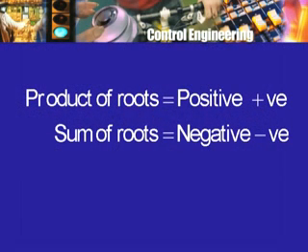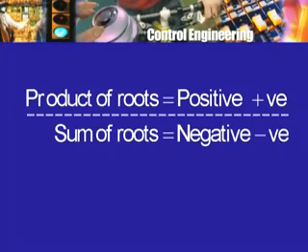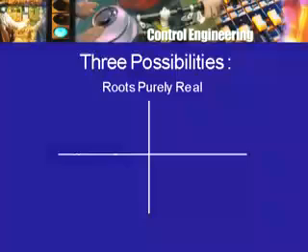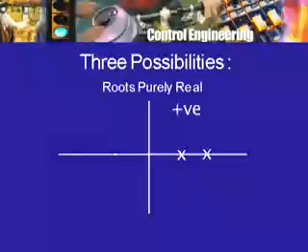Now from this and the fact that the product of the two roots, which is b, in this case is a positive number, so the product of the two roots is positive. From this we can draw some conclusions without actually calculating the roots. For example, if the roots are purely real, then what can happen? Can the roots be both positive? The answer is no. Why? Because if the roots were both positive, then the product will be positive, which is okay, but their sum will be positive, which is not the case.